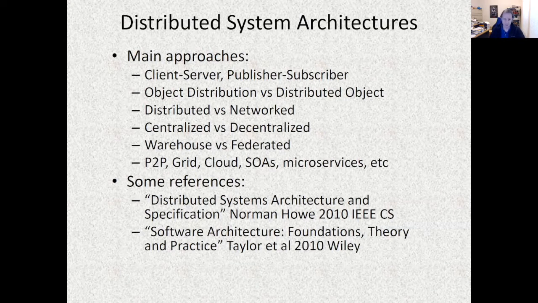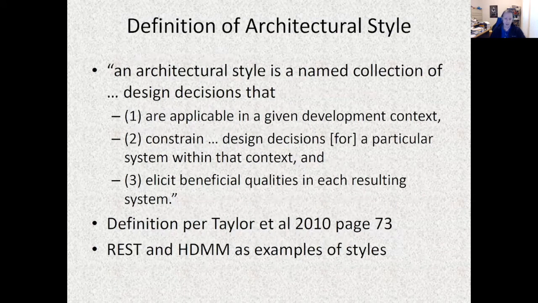One of my favorite textbooks is Software Architecture by Richard Taylor, who has been at UC Irvine. But I'm sure you can find others. According to Professor Taylor's textbook definition of an architectural style, I have the quote here.